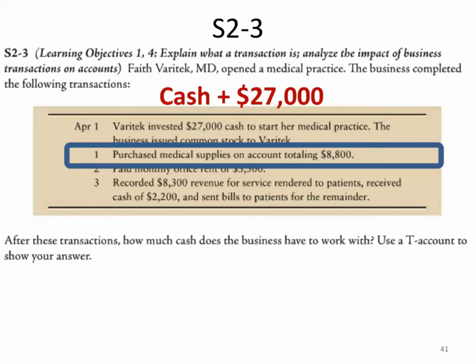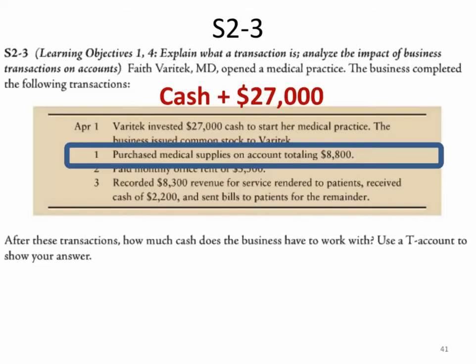For this particular problem, the April 1st purchase of medical supplies on account is a transaction. However, it does not have any impact on cash because we're getting supplies and in return we're giving an IOU. We have a liability there. So there is no cash impact for that second April 1st transaction.